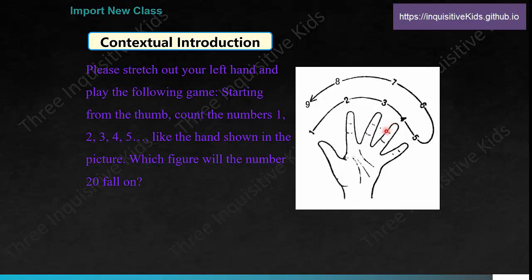Now if you go 1, 2, 3, 4, 5, and then go back without repeating the pinky and the thumb, how will you know which finger the number 20 falls on? Just something to think about. How can you know that? Also, can you quickly tell which finger the number 200 falls on? And how about 2000?